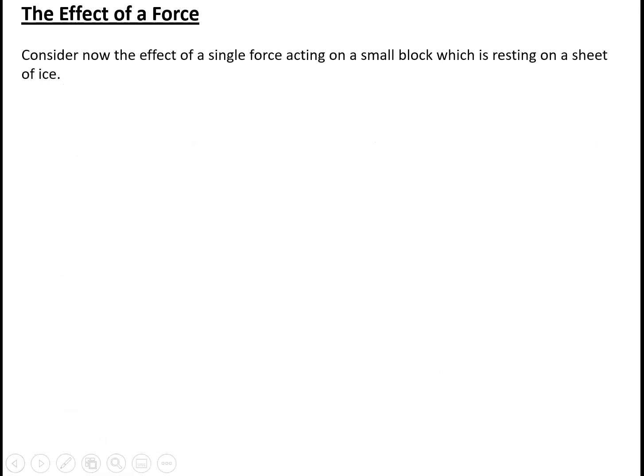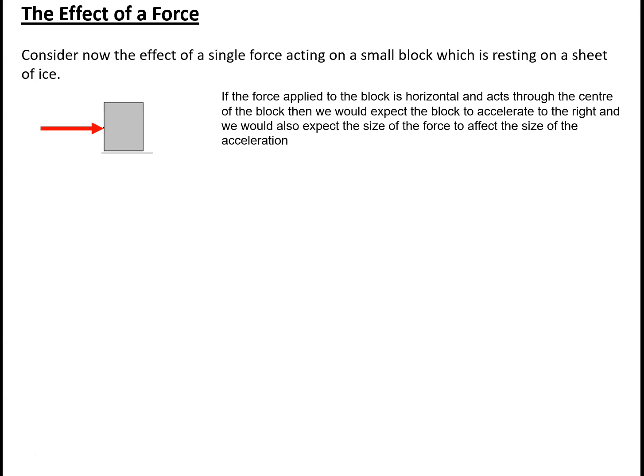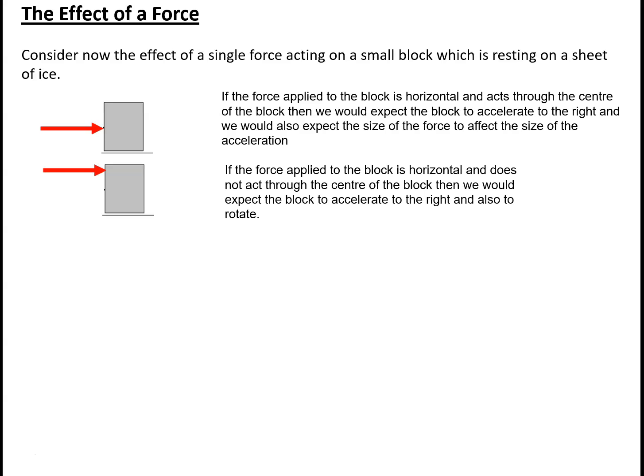Now, the next thing we need to consider is the effect of a force. Let's consider the effect of a single force acting on a small block which is resting on a sheet of ice. If the force applied to the block is horizontal and acts through the centre of the block, then we would expect the block to accelerate to the right, and we would also expect the size of the force to affect the size of the acceleration.